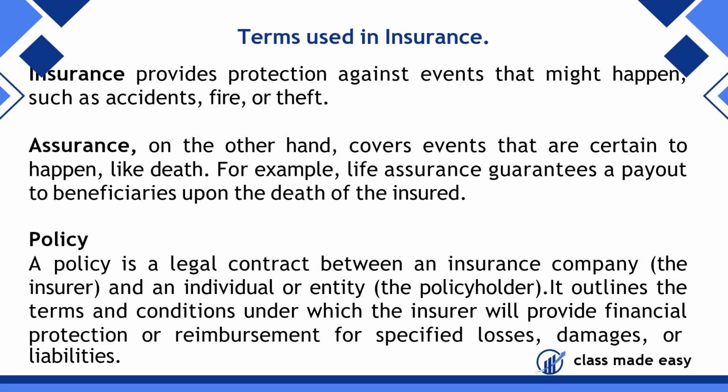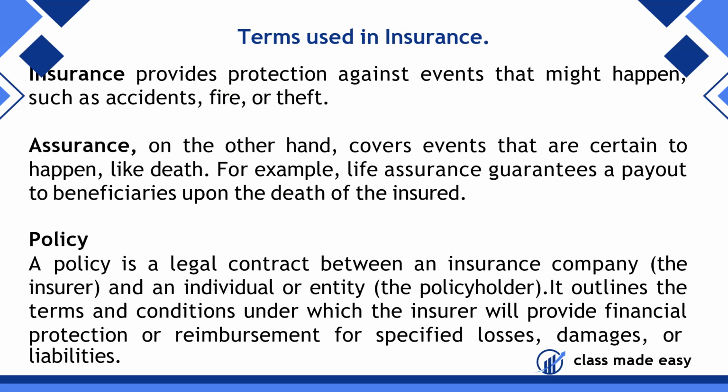Sometimes when we do insurance, when we cover fire, accident, theft, if that policy is for 1 year, the year can come to an end and that accident or fire has not happened. So in case of what we call assurance, there is certainty that at some point it's going to happen. For example, death.